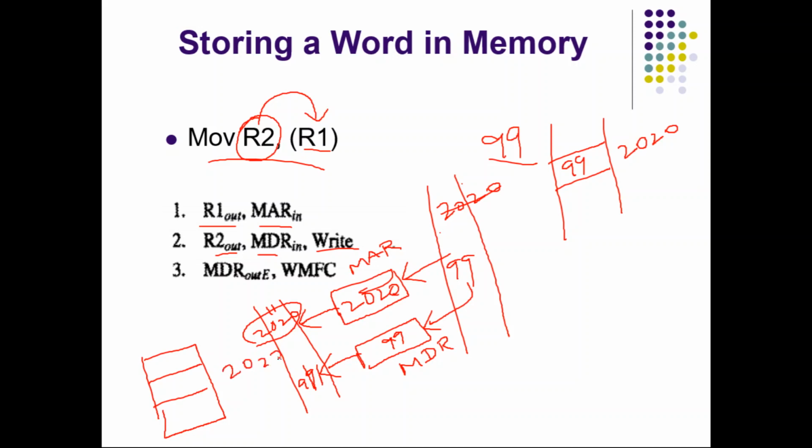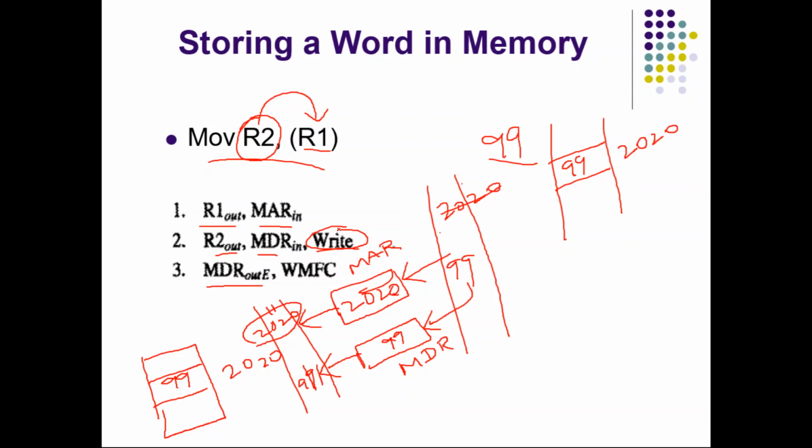So to this memory location, this 99 will be written. But this operation will take some time to complete, because writing will take some time. So finally we are giving MDR out E. The write signal is generated, but writing will take some time.